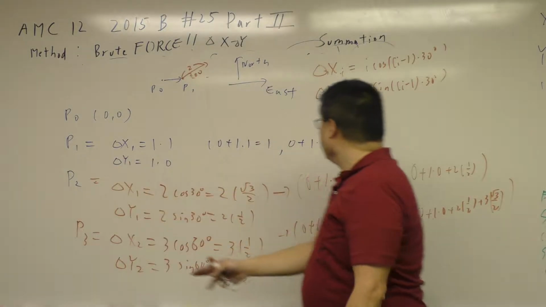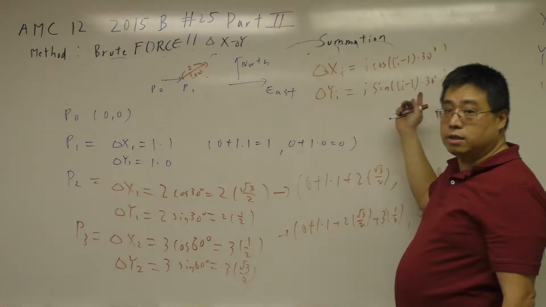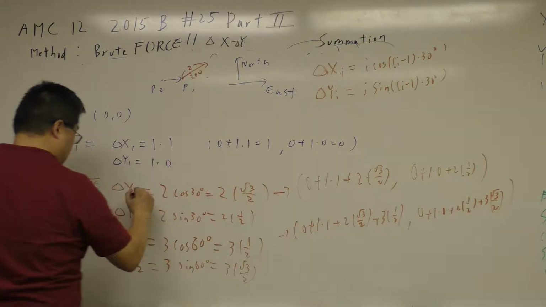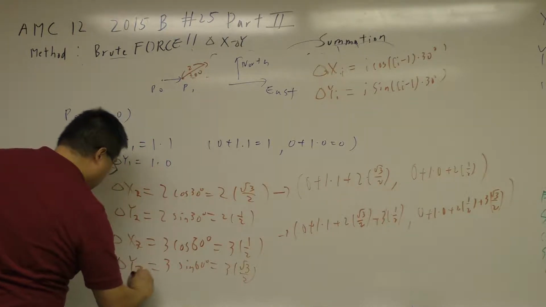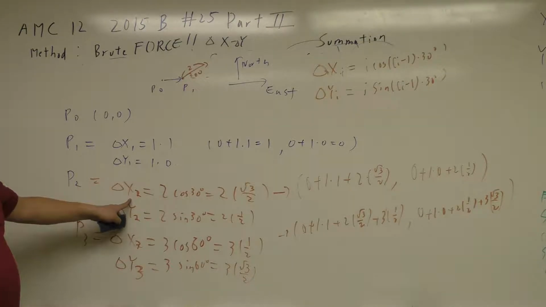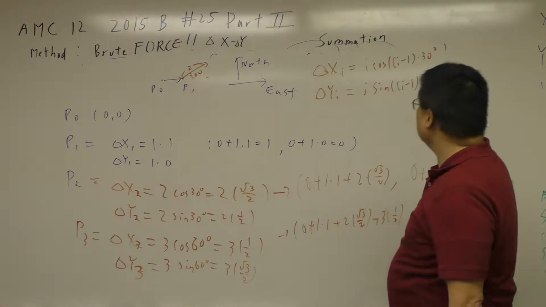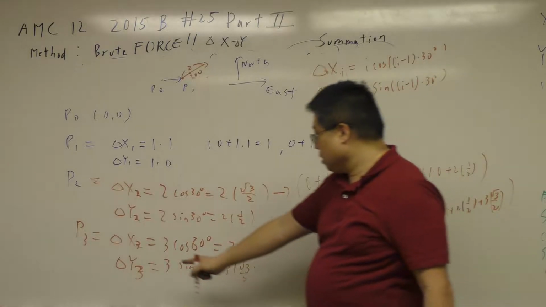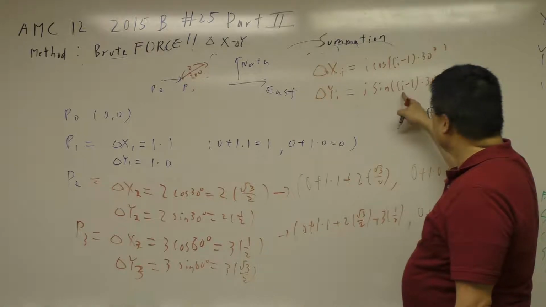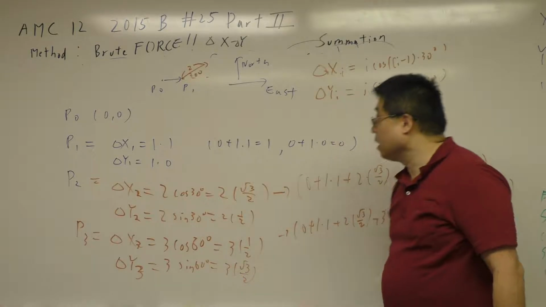So put i equals 1 there, 1 minus 1 is 0, so your angle direction is 0 degrees. When you start the second change, your i is 2, so you have 2 times 2 minus 1 times 30 degrees. For 3, it is 3 times 3 minus 1, which is 2, 2 times 30 degrees, 60 degrees, which is what we have.